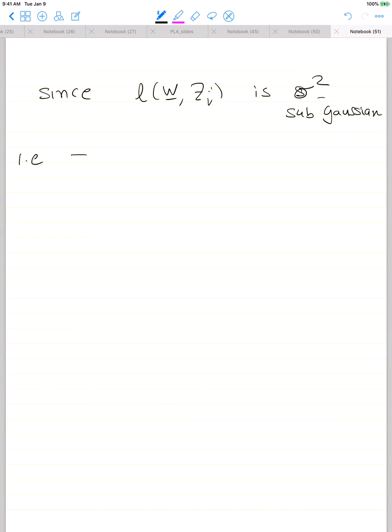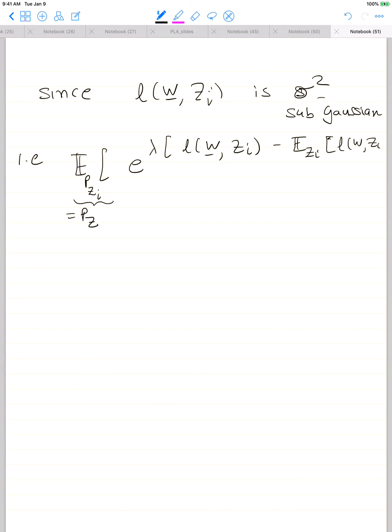That is, expected value over PZi, which is the same as PZ because the Zi are IID, of e to the lambda times L of W Zi minus expected value over Zi of L of W Zi.